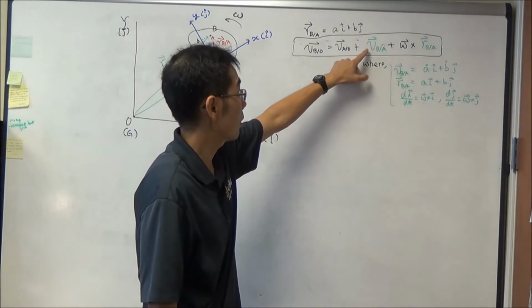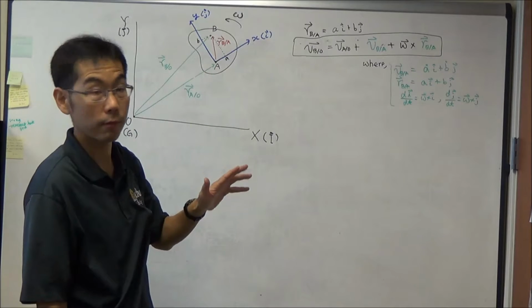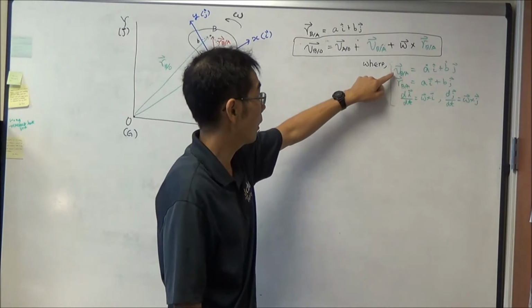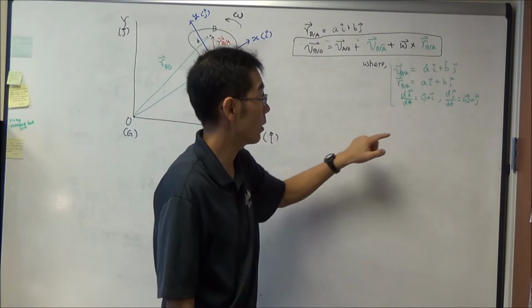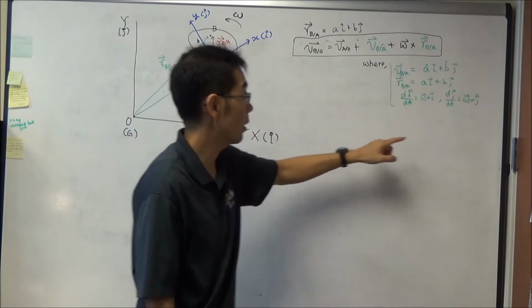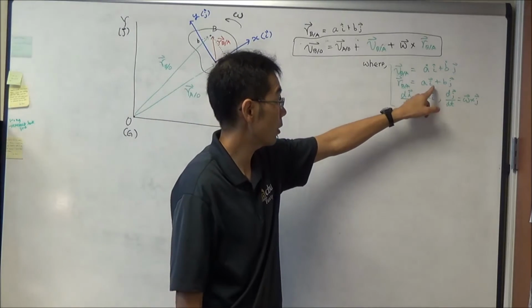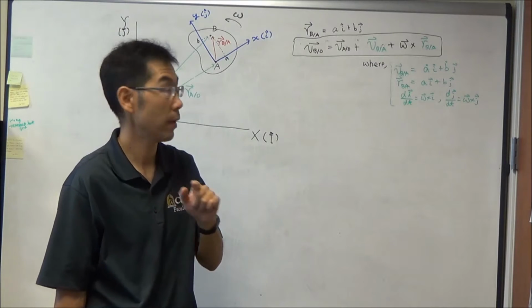Everything is defined in a local rotating frame. So right now the relative velocity V_BA is a-dot i plus b-dot j, and this is the position a i and b j. The small characters i and j are the unit vectors of the local rotating frame.